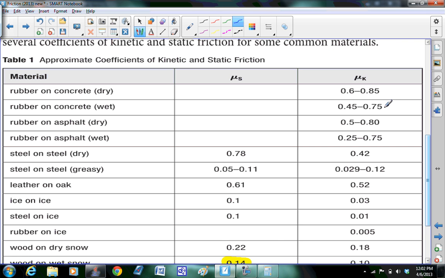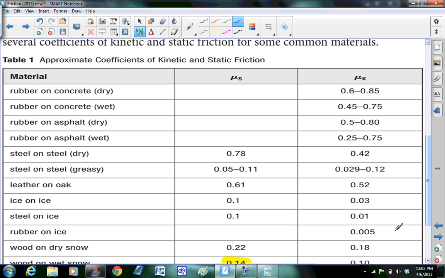So the friction is less of the normal force. And it makes sense. When you have wet concrete, it's harder to stop. Your tires can't grip as much. We can also look at rubber on ice. It's a very icy day, and the value is 0.005. So it's a very, very low coefficient of friction.